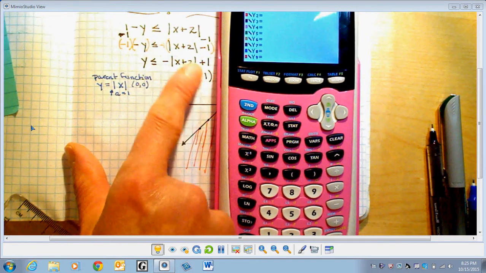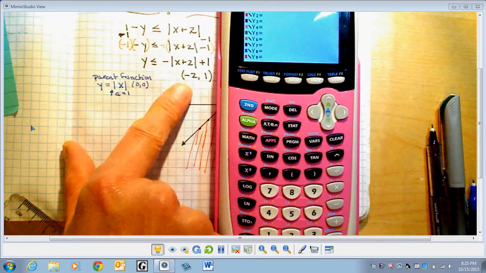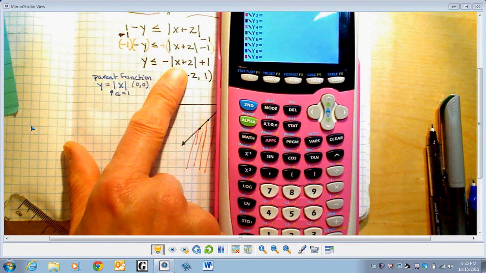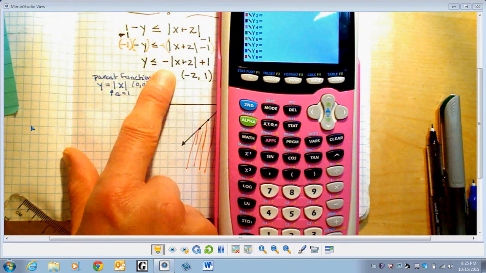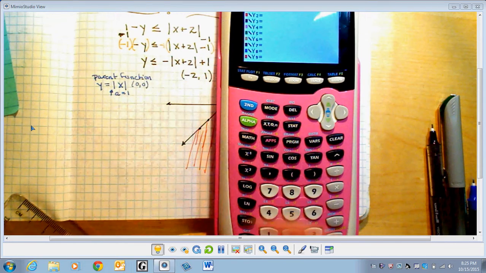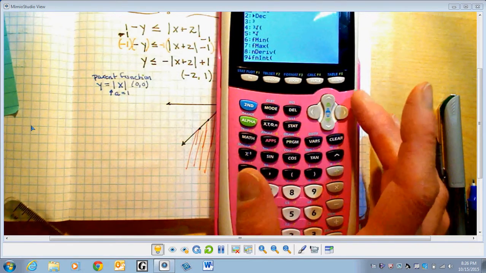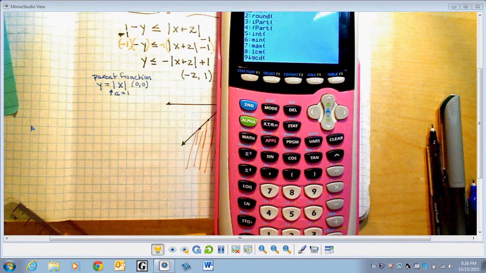equation. So if you mess up, it's going to be a little tough, okay? You have to do the algebra to get it to where it says y and then whatever the inequality is and then the rest. So I'm going to put in negative absolute value. So I'm going to go to math, absolute values under numbers.